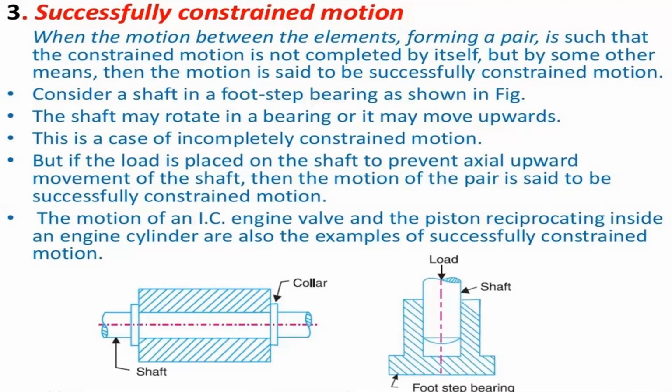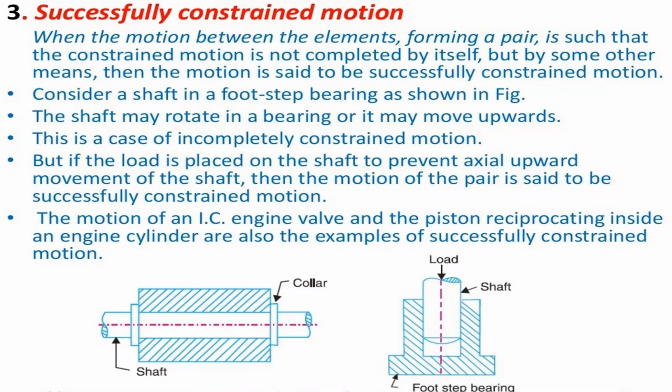In successfully constrained motion, the motion between the elements forming a pair is constrained, and it is not completed by itself but completed by some other factors.